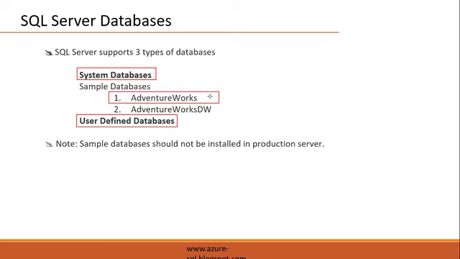Check here how to create these sample databases. Already we know applications or users are connected to which databases? User-defined databases, right? End users, like the sales database, HR database, inventory database, any database. But as a DBA, we have to work with both kinds of databases. Why? Because in system databases, metadata is there: to which user what permissions we have granted, on which database what feature is there.